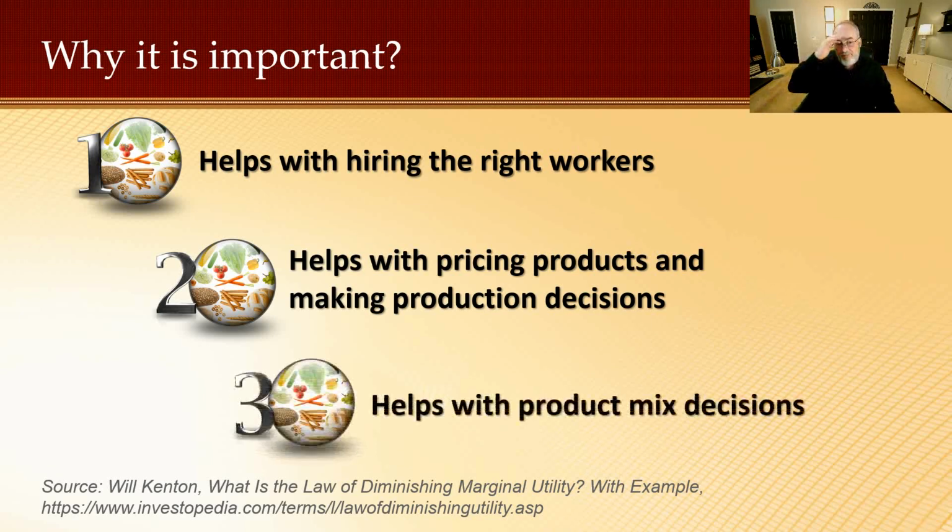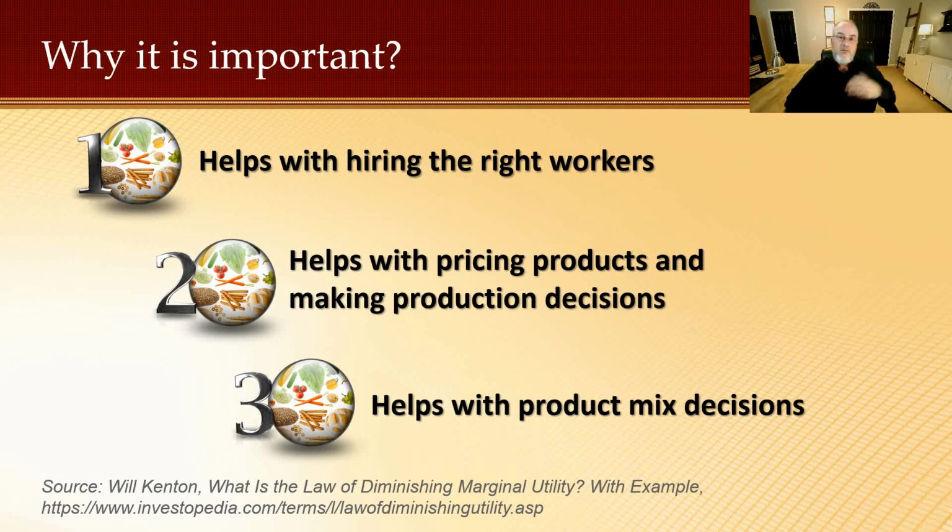And then finally, it helps with product mix decisions. Product mix: what kinds of products are you going to offer? Let's say I have a restaurant and I sell chicken wings. I know at some point my customers aren't going to want any more wings. They're going to have their belly full of wings. Their utility is going to come to an end.